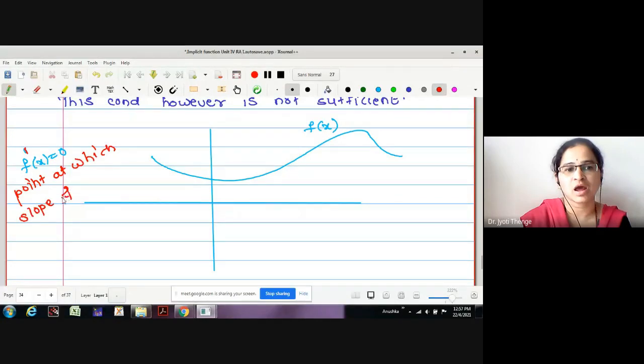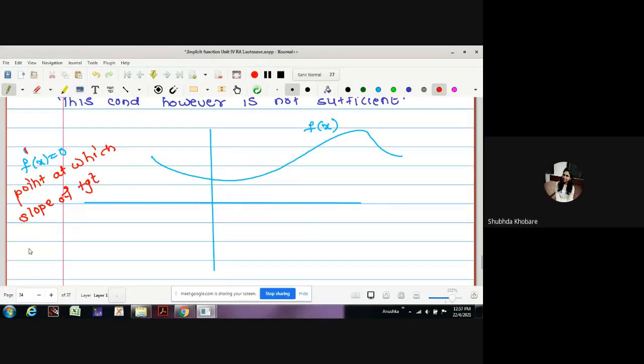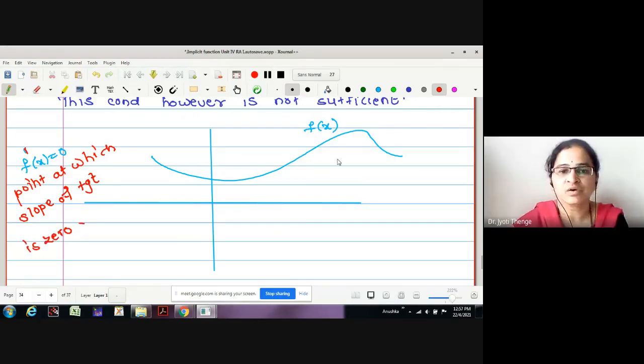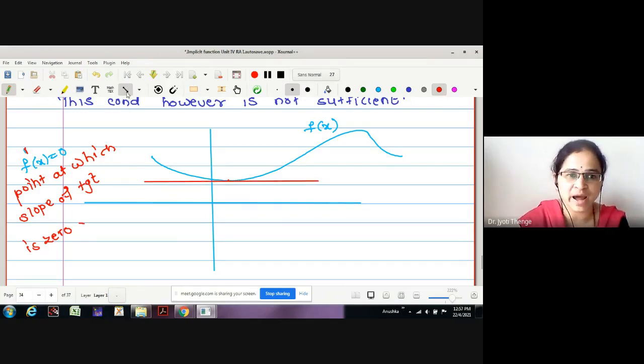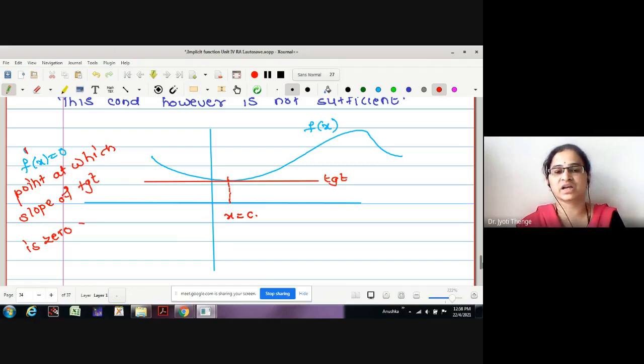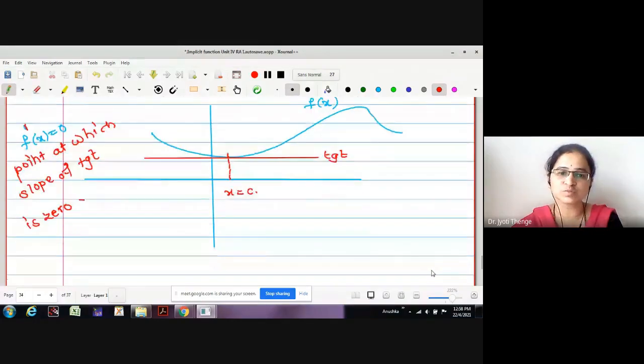Correct? Now here, this is the point at which we get a tangent with slope 0. Slope 0 means the line is parallel to the x-axis. This is the point x equals c at which we get such tangents. Therefore, first we collect those points.